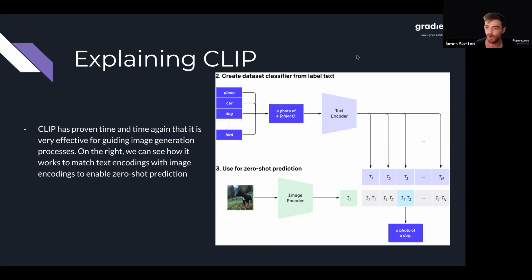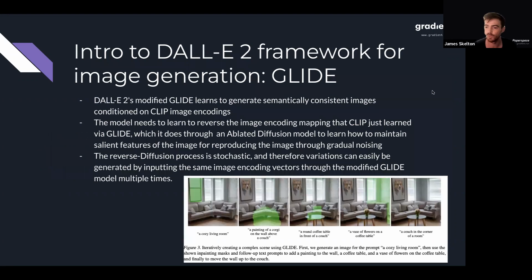So once we have all the visual and textual data encoded, we get to the second part of DALL-E 2, which is Glide. I actually hosted a tech talk on Glide in, I believe, March, so if you go to YouTube, you can find a recording of that if you're interested. It's kind of the predecessor to DALL-E 2, because they implement an augmented version of Glide to handle aspects of the image generation process.